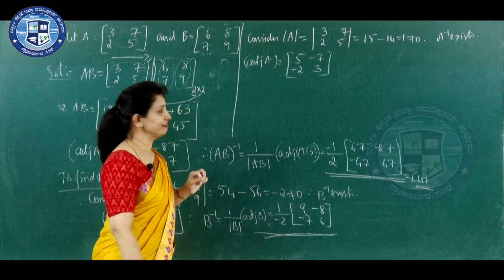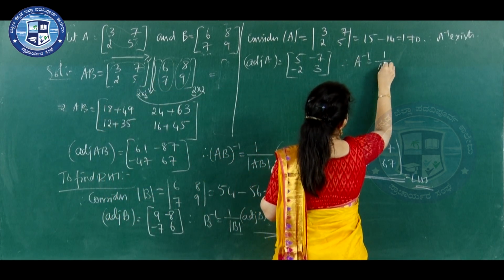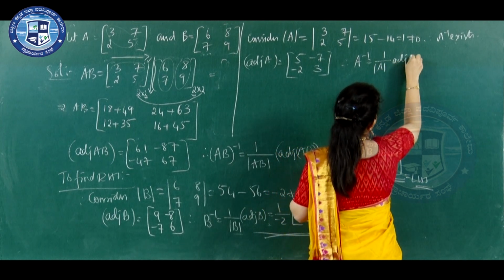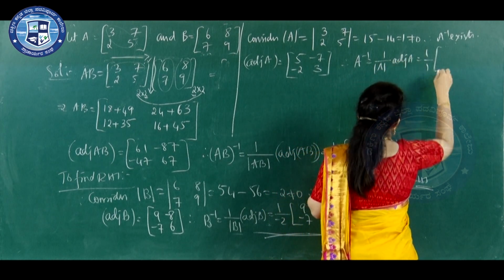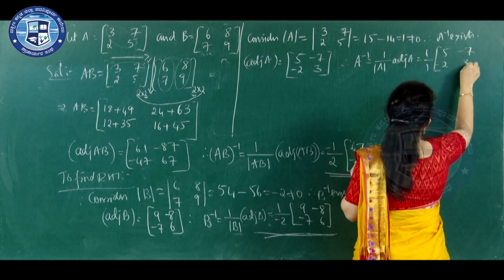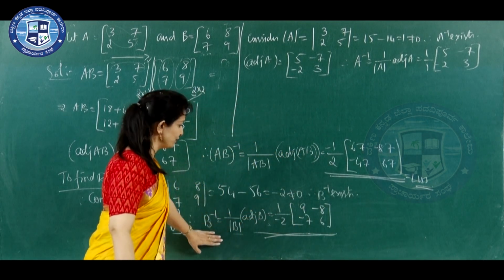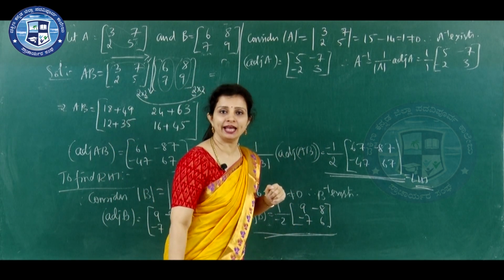Adjoint A we have. Therefore, what is A inverse? A inverse is 1 by determinant A into adjoint A, which is 1 by 1 into adjoint A, which is 5, minus 7, minus 2, 3. Okay. So, here we have B inverse and also we got A inverse.